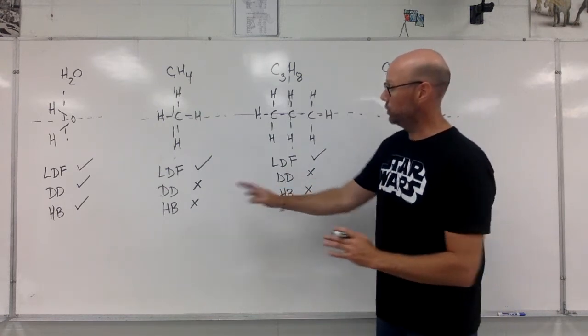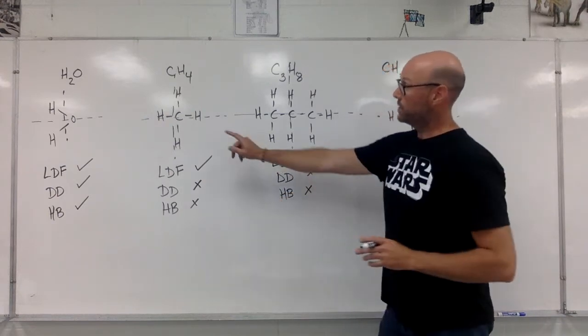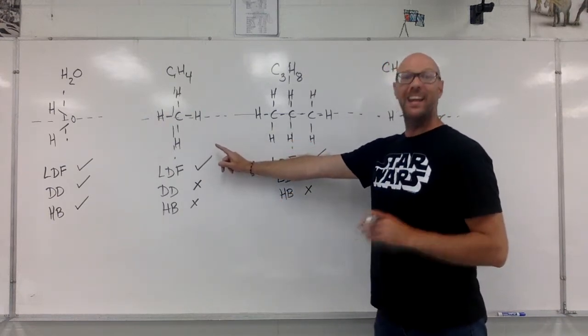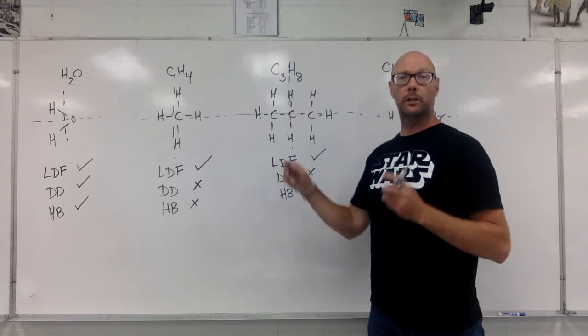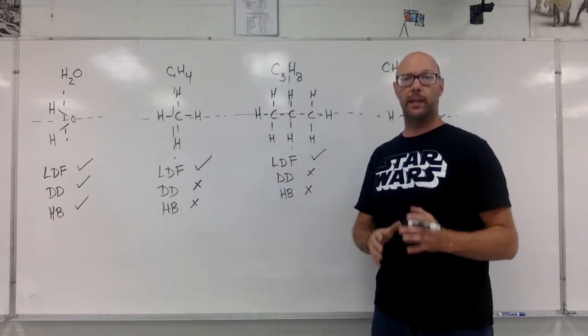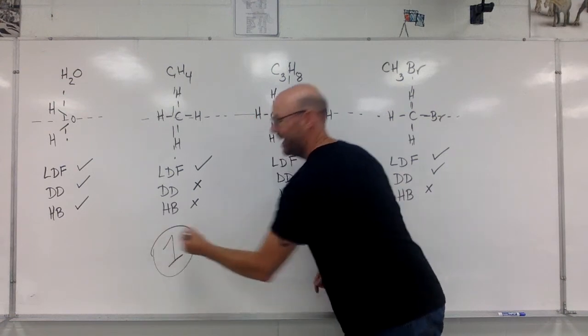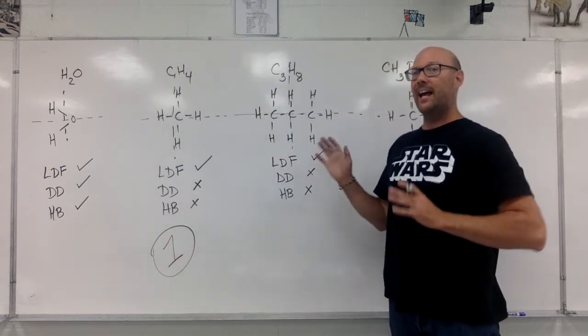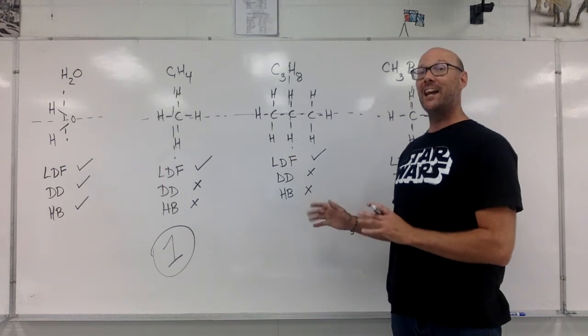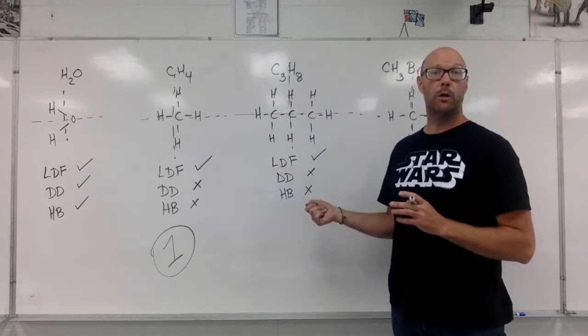So out of these two, they're both low, but CH4 is smaller. It has a lower molar mass. It has a lower total number of electrons. So we're going to give it a 1. It is the lowest of them all. It has the least number of check marks, and in the tie, it's the smaller one.